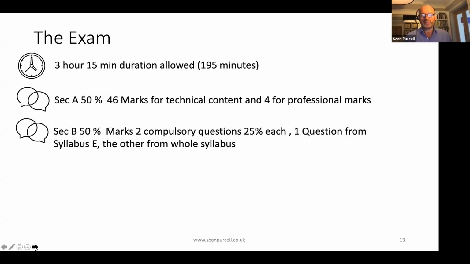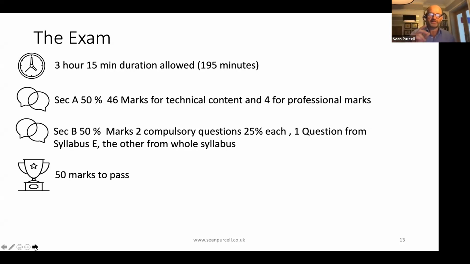Also, you have 2 section B questions based on scenarios. One is going to come from syllabus area E, and the other one's going to come from the whole of the syllabus. And what you must remember is, despite maybe being overwhelmed by some of the content, all that you need to do is to get 50 marks to pass. And really, you don't need to get anything more than that.